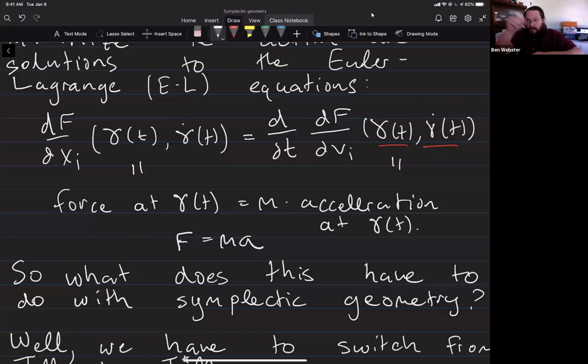And you have restrictions on where it can go in Rn, and then you're minimizing the action on paths that satisfy those constraints. And so it's not just Newton's second law then, but it's the same formalism of, oh, I just need to find the path that minimizes the action, and I have to sort of interpret this Euler-Lagrange equation in the right way.